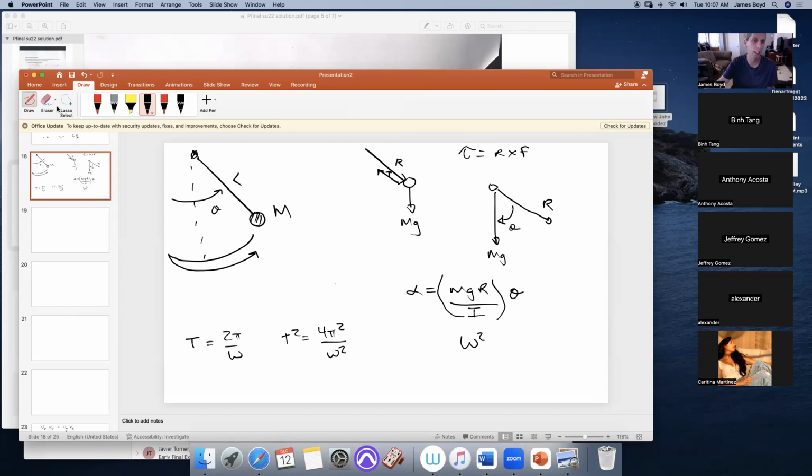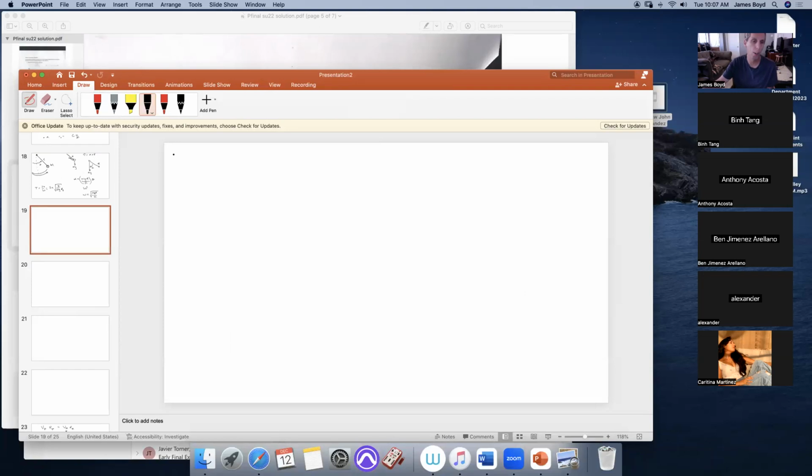Or better yet, I can write that omega is the square root of mgr over I. So T is 2 pi times the square root of I over mgr. What is r? R is the distance, called the radius of gyration, from the axis to the center of mass.